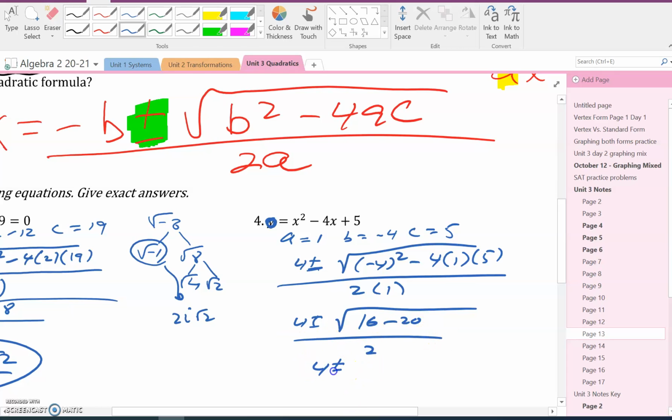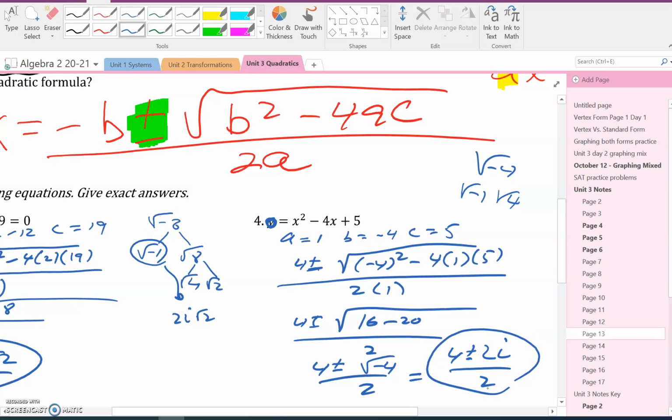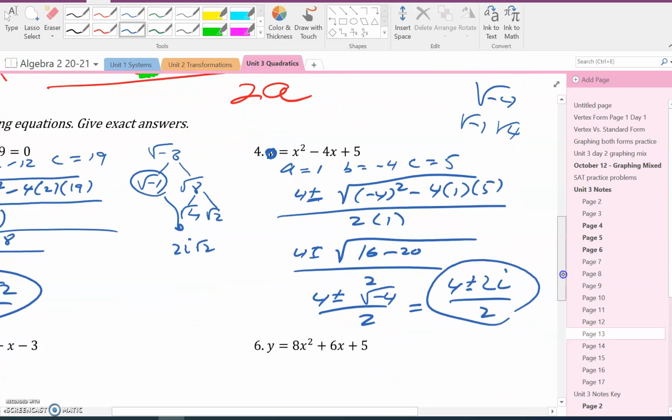So 4 plus or minus square root of -4 over 2, another imaginary answer, but this one's kind of easier. So it's 4 plus or minus, again, square root of -4 is square root of -1 and the square root of 4, so that's 2i over 2. Again, there's some simplifying there, but you get that. My two solutions are there.